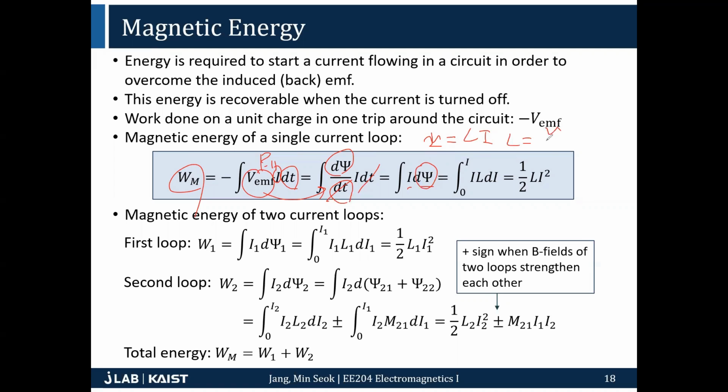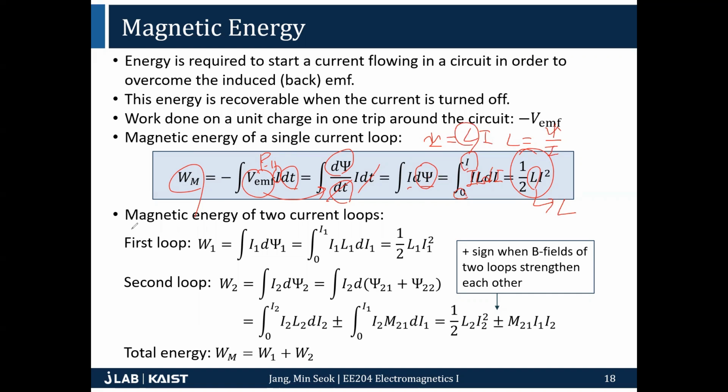Because the definition of L is psi divided by I. And as I said, L doesn't change as a function of time or current. So L stays there, and d psi is just L di. And you have another I in front. So if you run a current from 0 to I, you get 1/2 Li squared. This is your magnetic energy in an inductor. So if you have an inductor with self-inductance L, your magnetic energy becomes 1/2 Li squared.